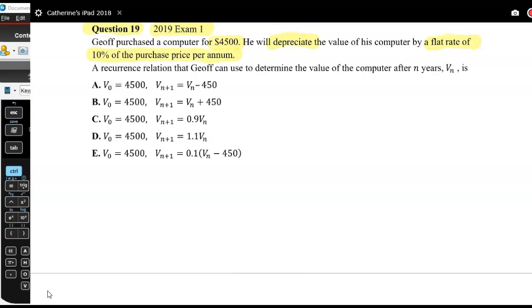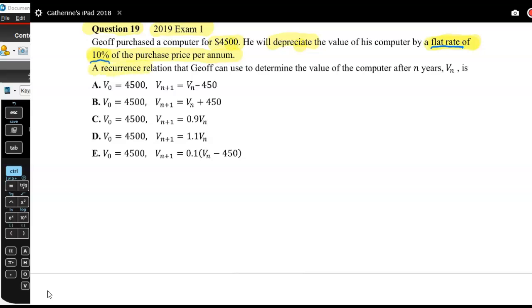What I'm highlighting here is what he's bought it for, what he's doing, and how he's doing it. It's really important when you are reading a question that you make sure you understand how he's doing it. It says flat rate, so immediately you have to apply your knowledge of flat rate depreciation of 10% of the purchase price per annum.